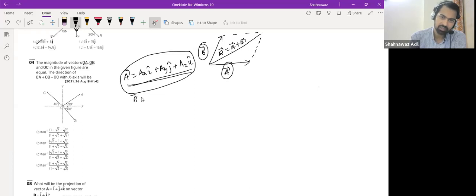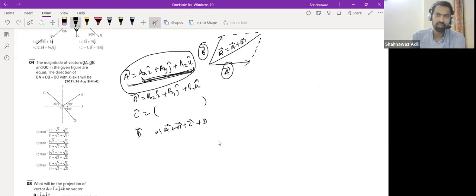Let's say P is Pxi plus Pyj plus Pzk, and then T. We can add, subtract, and do whatever whenever we have a vector in this Cartesian or rectangular form. But we can't apply the parallelogram law whenever we have more than two vectors.